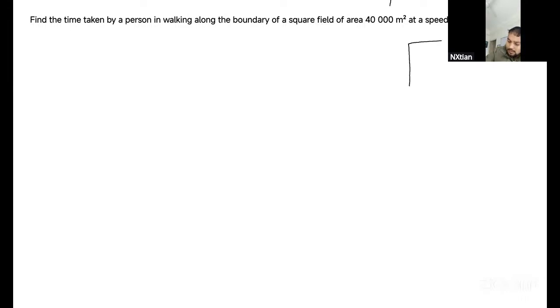Okay, so for example, this is a square field. The boundary is basically A. A person starts working from A and goes to B, then C, then D, and then comes back to A. It is given that the area is 40,000 meters square, so I don't know the total perimeter, the total distance he covered.